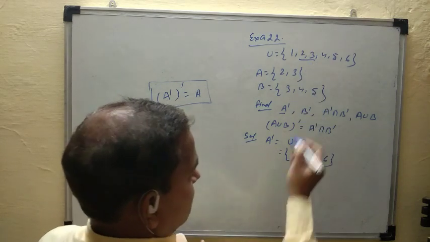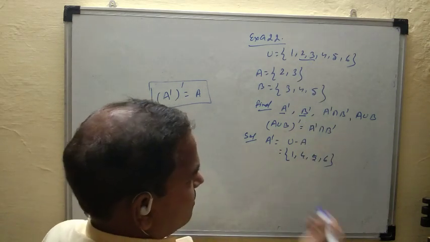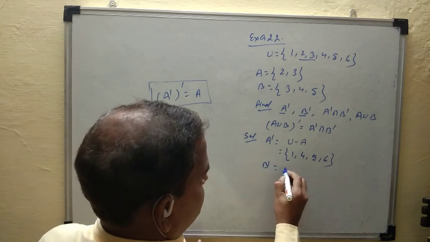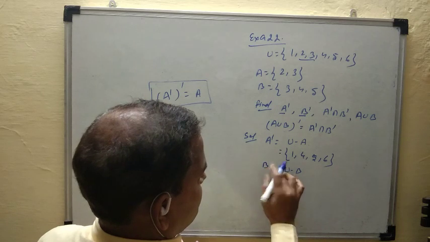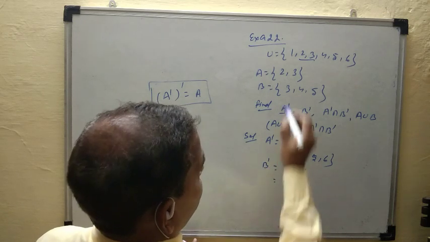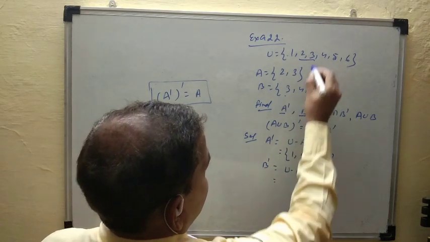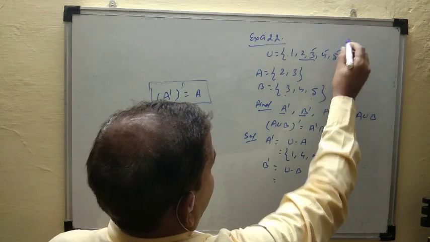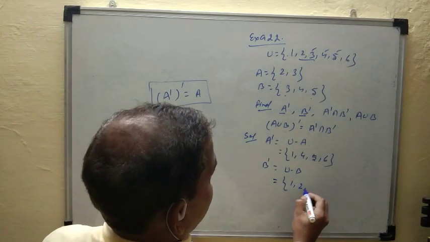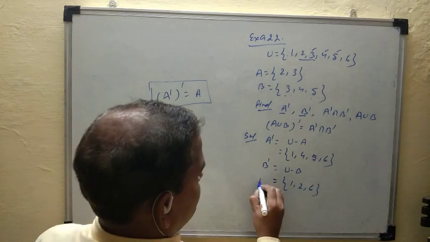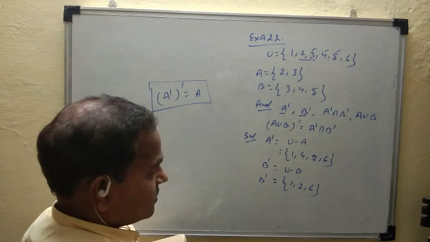This is A dash. Similarly find B dash. B dash is equal to U minus B, subtracting 3 4 5 from U. So the elements are 1, 2 and 6. This is the value of B dash.